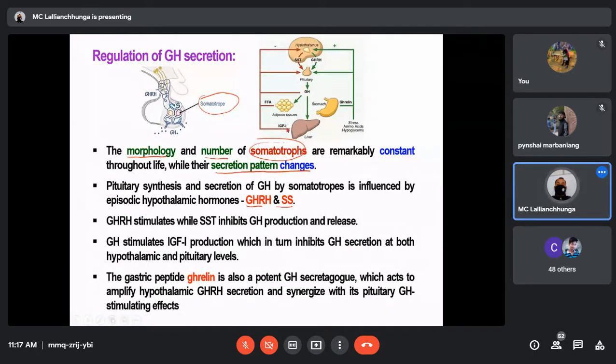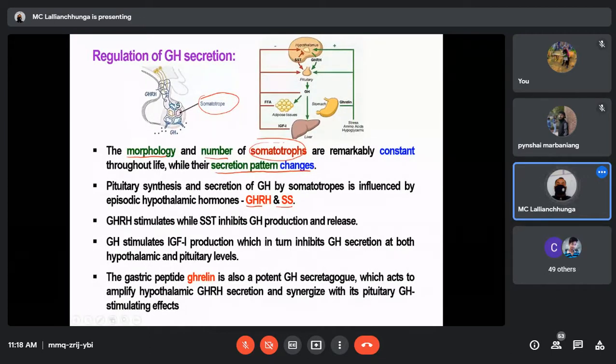So the free fatty acid and IGF-1 concentrations will now increase. When they reach the maximal, normal level, this free fatty acid, IGF-1, and even the high level of growth hormone will all have negative feedback on the hypothalamus as well as on the pituitary.